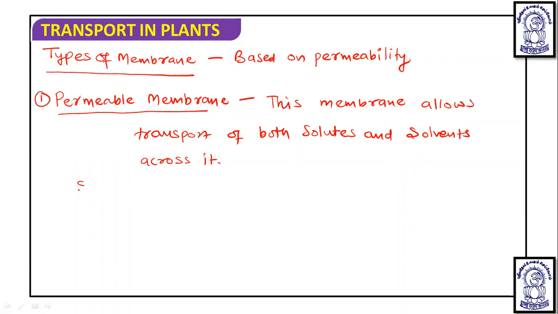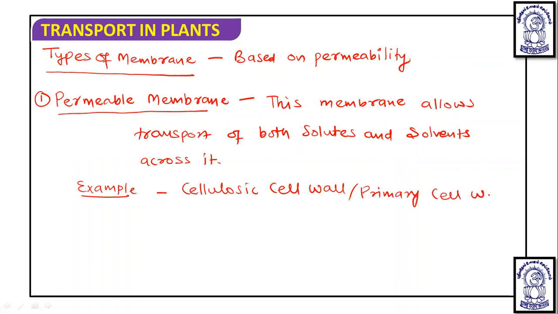And if we take an example of this permeable membrane, then it is a cellulosic cell wall, or we can say primary cell wall.